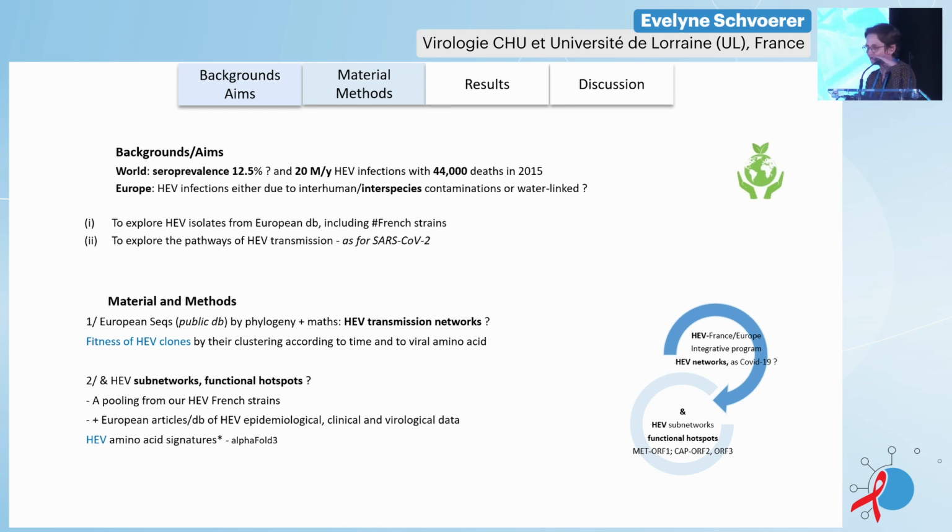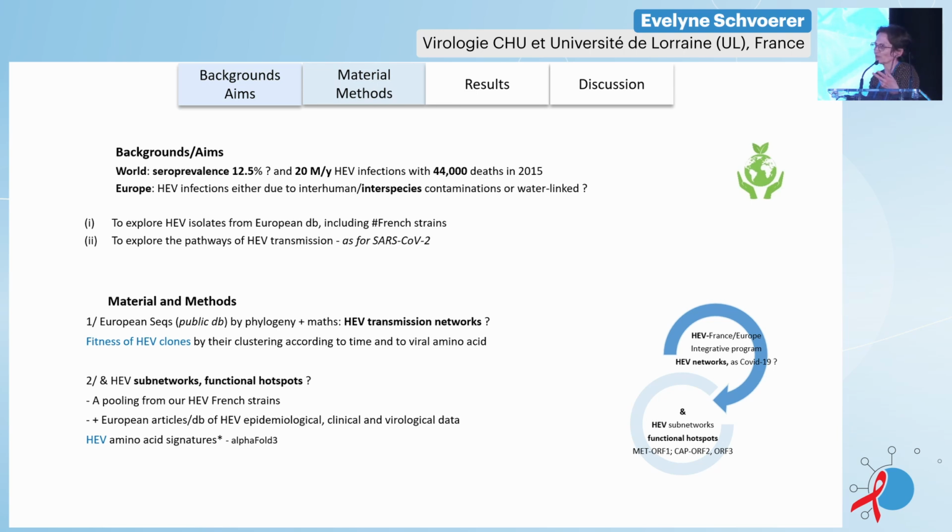Concerning our material and methods for this part of the work, which is in progress, we have first collected European sequences from public databases to perform classical phylogeny on one side, and on the other side to perform a modelization to highlight transmission networks.